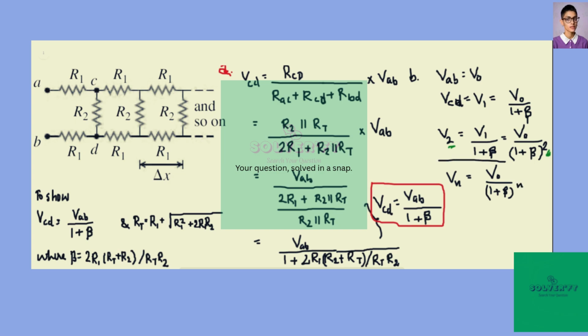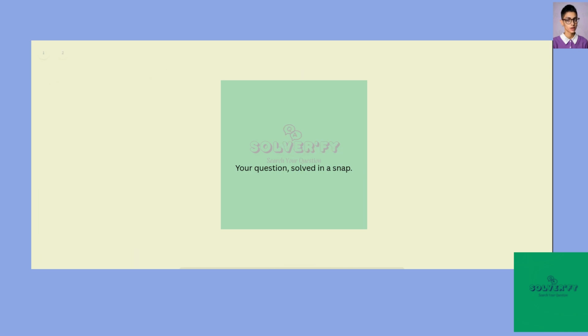So this is shown, that is also asked in part B of the question. Now it says that if R1 equals R2, how many segments are needed to decrease the potential difference Vn to less than 1% of V naught?